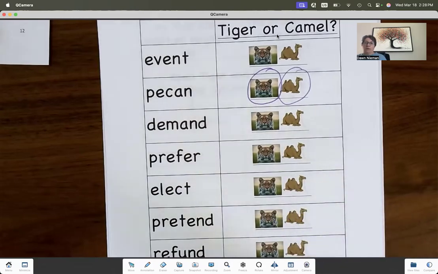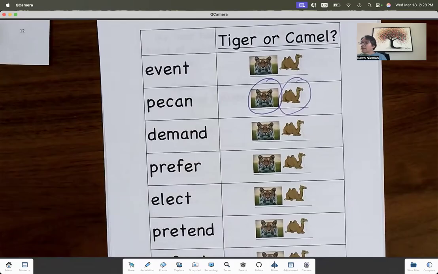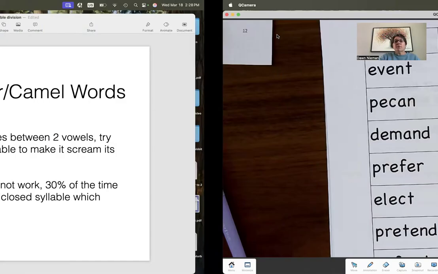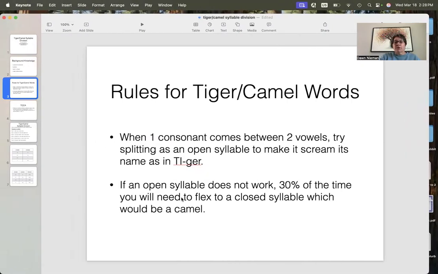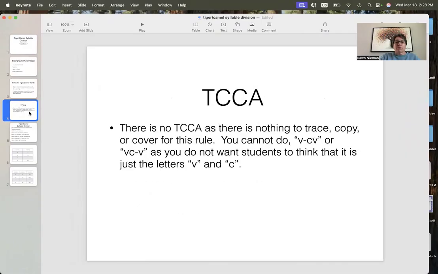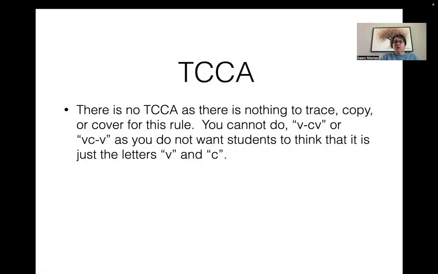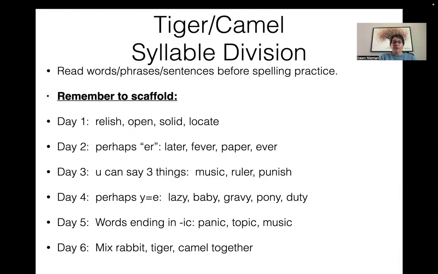It depends on how you are using the word sometimes. But this is definitely more complicated because you have to try it as an open syllable. And then if that doesn't work, you have to try it as a closed syllable. So there's not going to be any trace copy cover with this, just like there wasn't trace copy cover with rabbit.